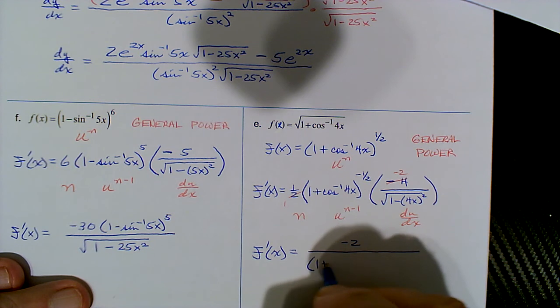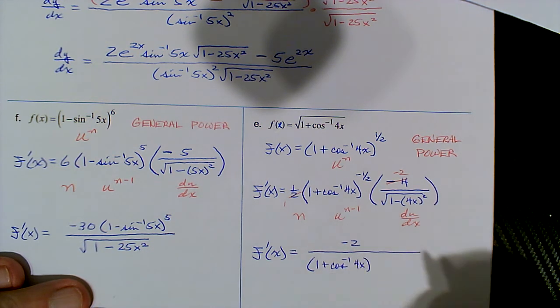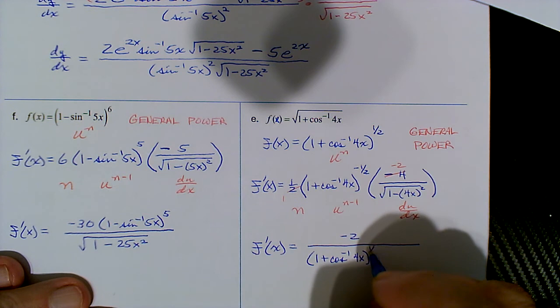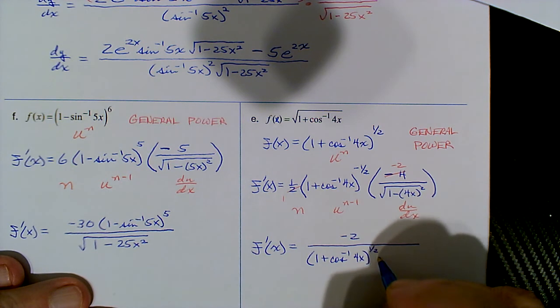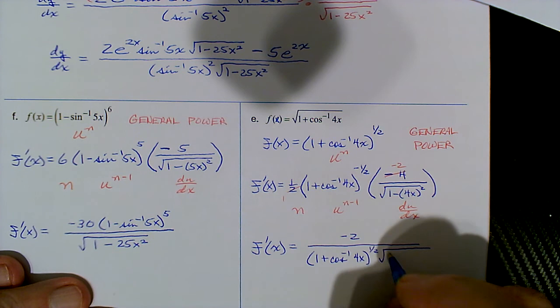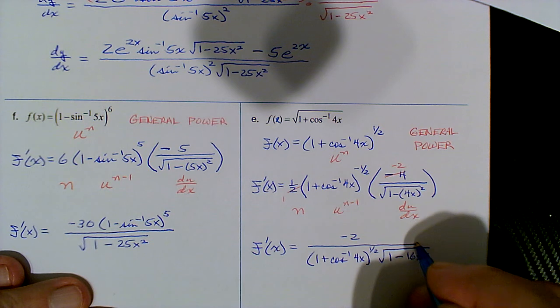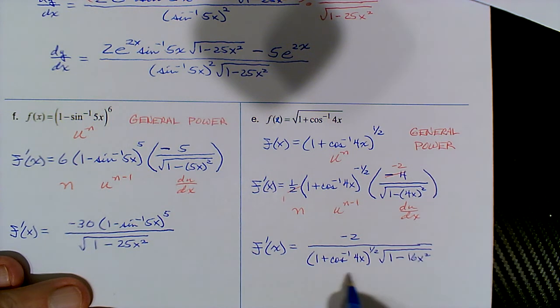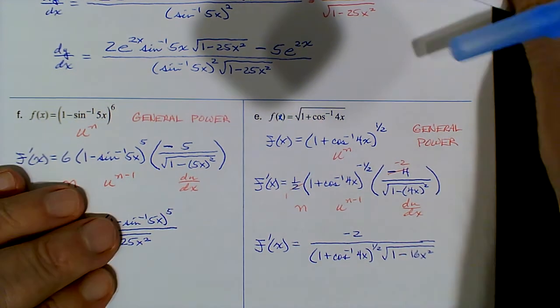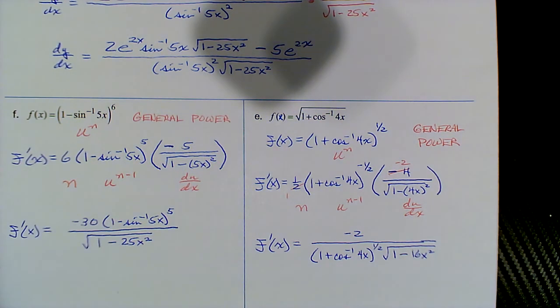And then this quantity, 1 plus inverse cosine of 4x, is shifted to the denominator, now raised to the positive 1/2, and that joins the square root of 1 minus, make sure you square the 4x there to get 16x squared. And if you wanted to be fancy, you could put the whole thing under a square root in the denominator, because the 1/2 power is a square root.